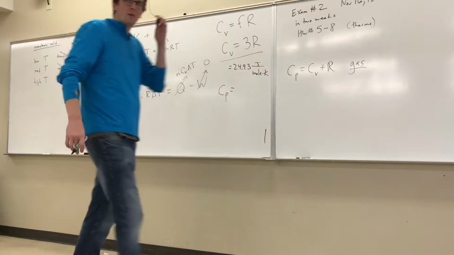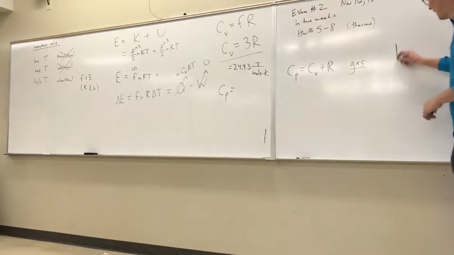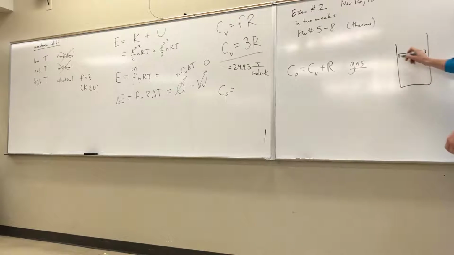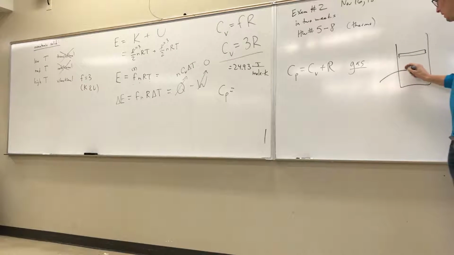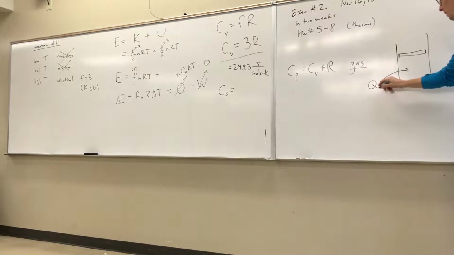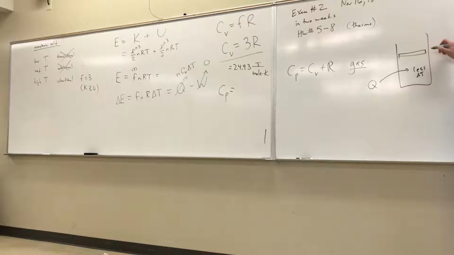So just to remind you, when we had a constant pressure process, we put in heat, but we got much less delta T, because why is that again? Some of it goes out as work, right? That's why Cp was greater than Cv.